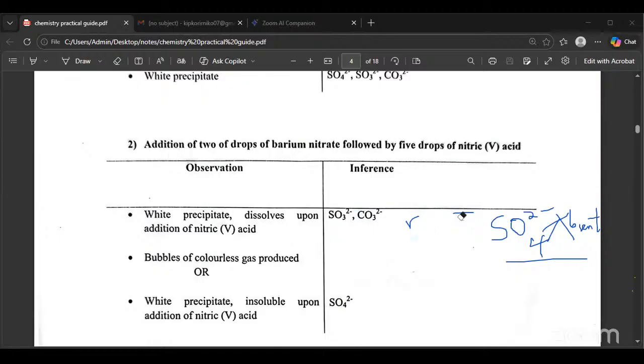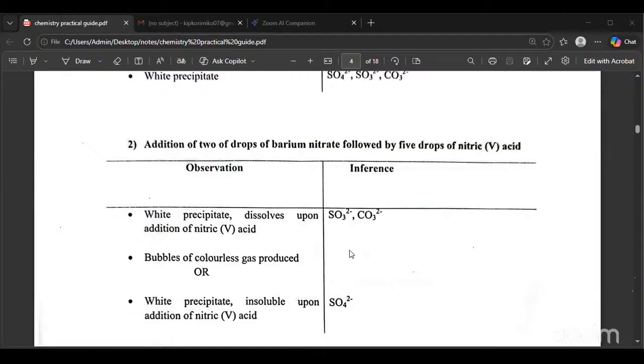Have you understood what I have said here? Yes, teacher. I'm assuming even this one, bubbles of colorless gas produced, is an observation again. So you can write bubbles of colorless gas produced, and again you say sulfite and carbonates present. Now, if you were to test this gas, you use calcium hydroxide, which will form a white precipitate.